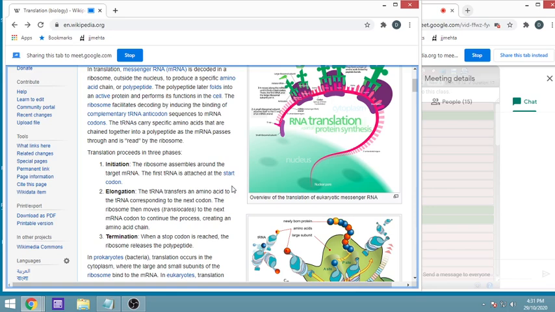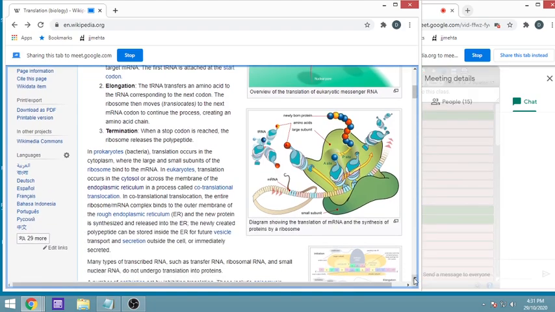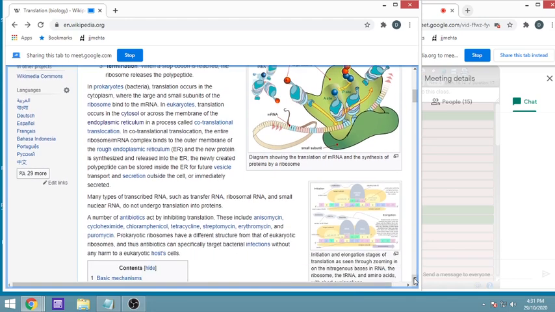As I told you, this polypeptide may be further processed and compacted into some vesicle or something. If it is not in the endoplasmic reticulum, then it will remain in the cell. Only free ribosomes will synthesize it, and they will process the protein. Okay. So this is how this takes place.